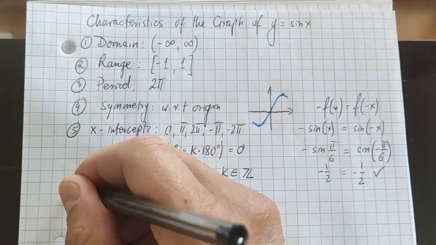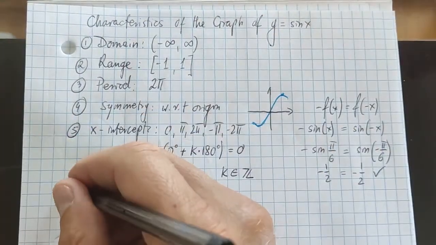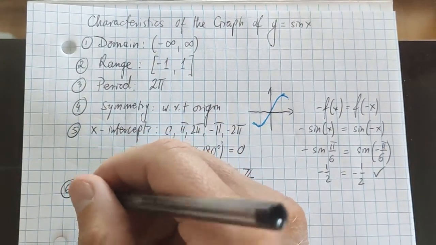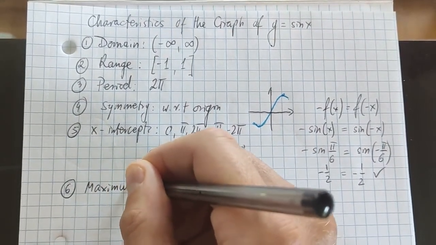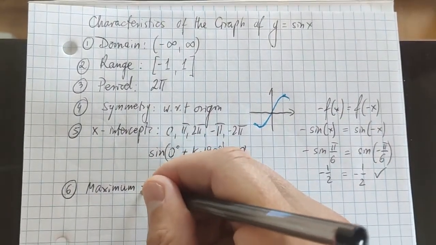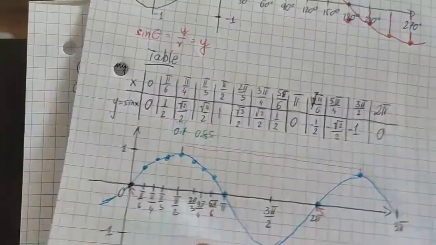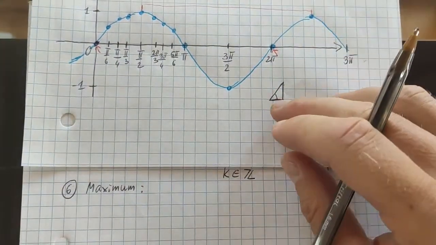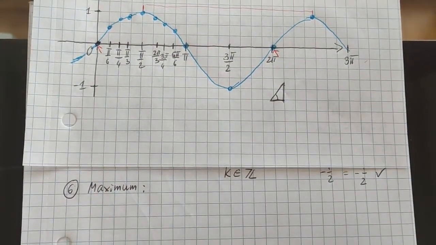What do I have here? I have maximum. So let's list a couple instances when the function is at its maximum. So I have pi over 2.